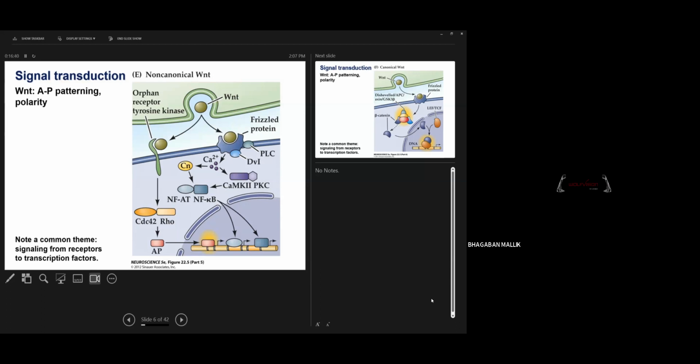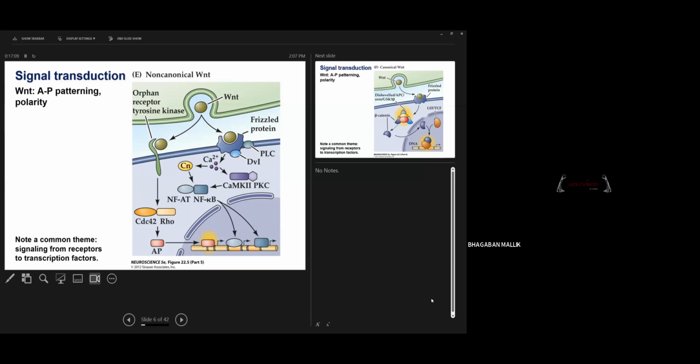It activates calcineurin, which is a calcium regulator, and also activates CaM kinase 2. CaM kinase 2 or calcineurin further activates NF-kappa B or NFAT, which translocates to the nucleus, binds to the target genes, and transcribes the genes required for the anterior posterior patterning during non-canonical Wnt signaling.